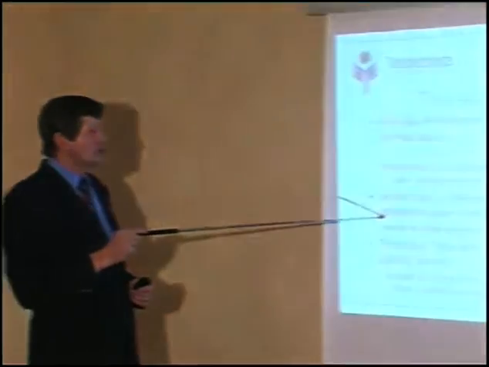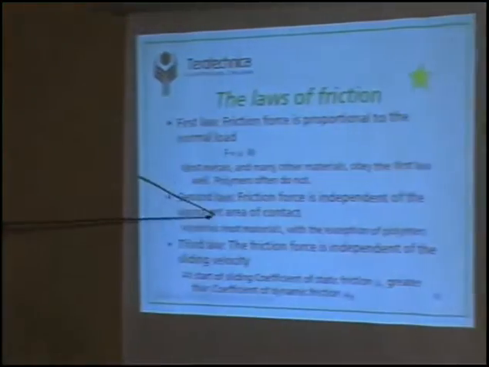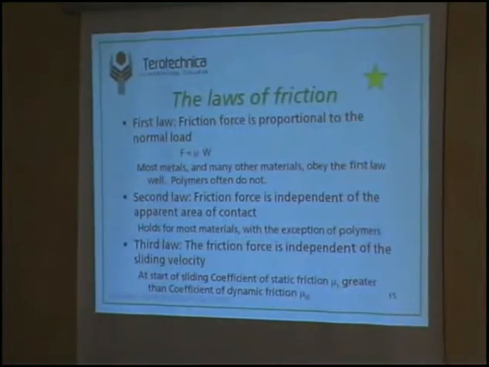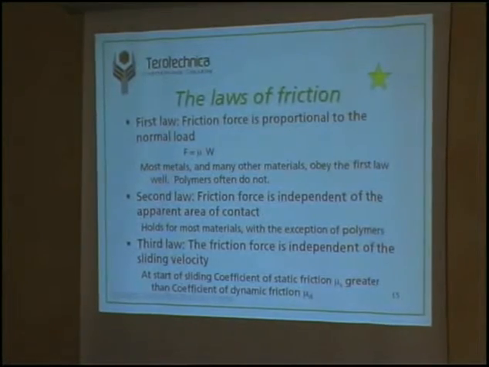And the second law says that the friction force is independent of the apparent area of contact. What does that say? It says that the contact area that we think, the apparent area of contact, the friction force is independent of that. And I'll come back to them just now, because I want us to think about an example.